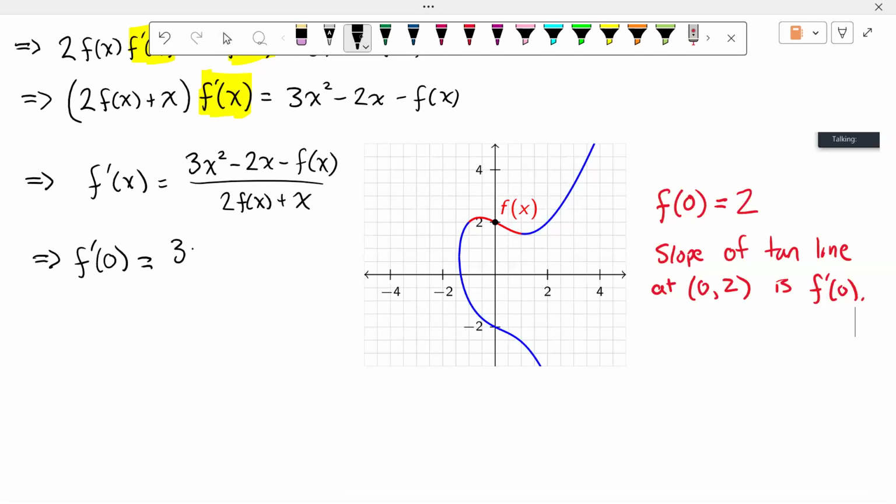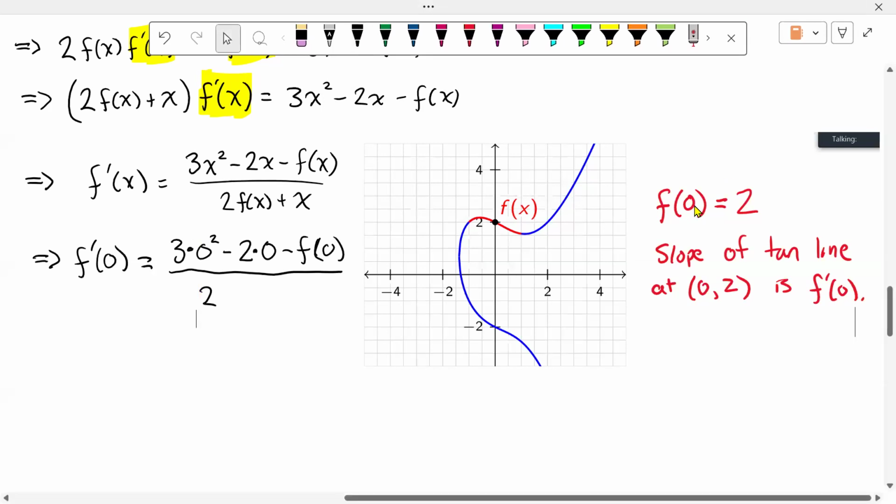I'll get 3 times 0 squared minus 2 times 0 minus f of 0, all over 2. I said f of 0 is equal to 2. I don't know what f of x is. The only thing I know about f of x, and thankfully the only thing I actually need to know, is that when I plug 0 into f, I get 2.